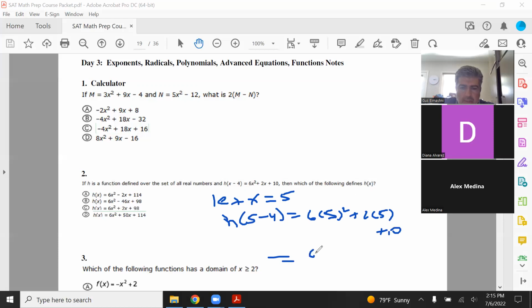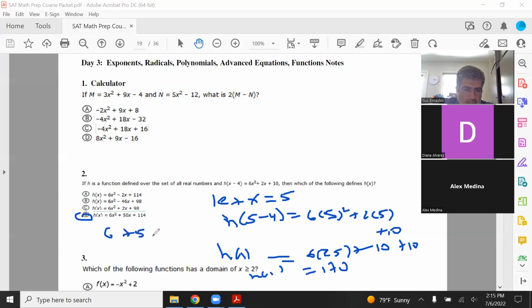If you work that out, you have 6 times 25 plus 10 plus 10, where you get 170, because 6 times 25 is 150 plus 10 plus 10. But really, that's h of 1. So now if I put a 1 in each choice, I want 170 coming out as my answer, and that's going to be D, because you get 6 plus 50 plus 114, 56 plus 114, you do get 170.